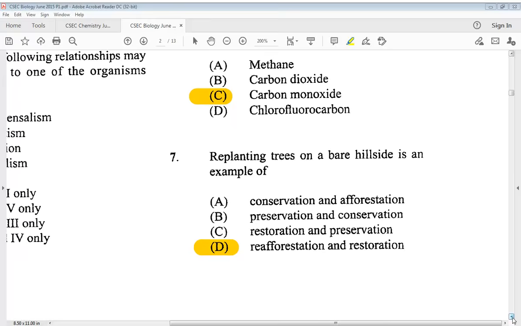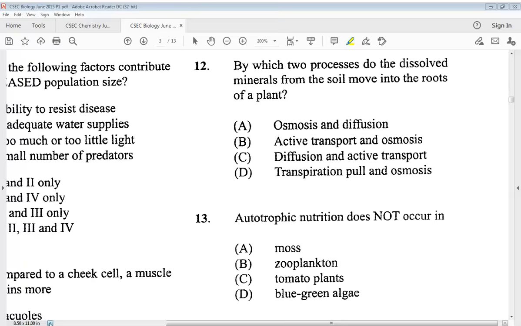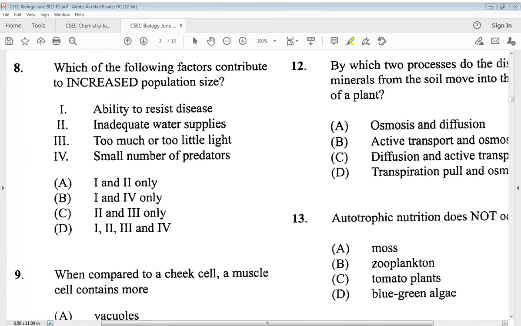Let's go on to question number 8. It says here, which of the following factors contribute to increased population size? 1, ability to resist disease. 2, inadequate water supplies. 3, too much or too little light. 4, small number of predators.